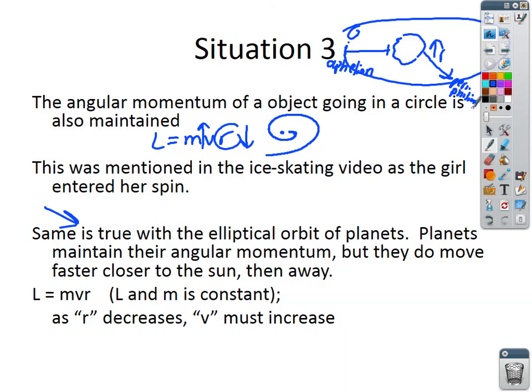Energy is also essentially conserved. That's where we get into gravitational potential energy, because if it's moving faster over here, it definitely has more kinetic energy than on the other side. But when it's farther away, it has more potential energy. So it converts back and forth some.